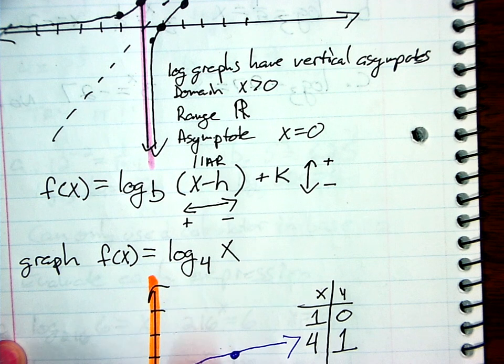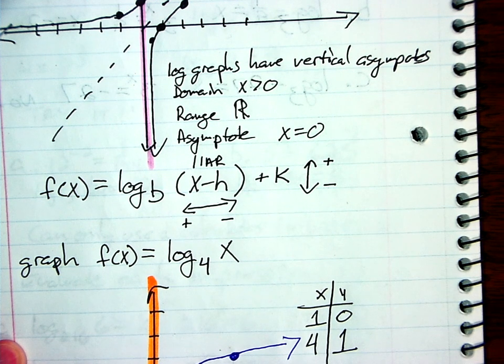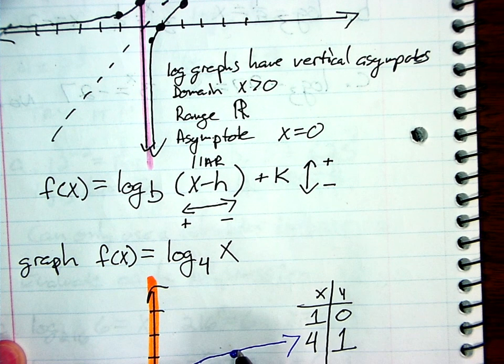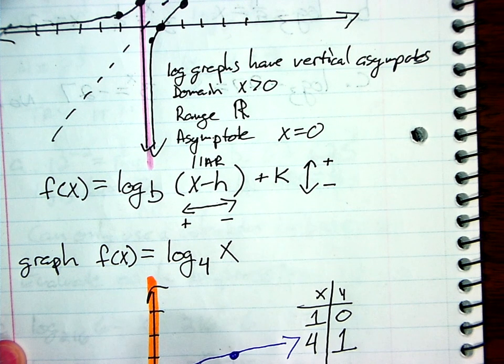Where the graph crosses the x-axis, it's over base, up 1. So it's not the exact x-axis because every graph crosses at (1, 0) unless it's being translated. Because if we were to make a function table, that's the way it would always come out. You always have (1, 0) on a logarithmic graph. Let me put it on the board and then I'll help you.